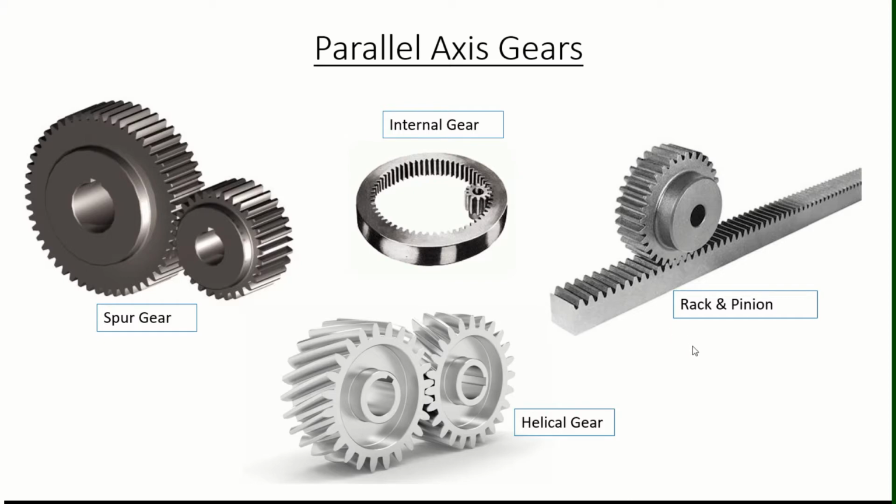The rack and the pinion is also another category of the parallel axis gears, and these are the same sized and shaped teeth cut at equal distances along the flat surface or the straight rod, and this is called a gear rack. And the pinion is the one that is meshing with this rack.